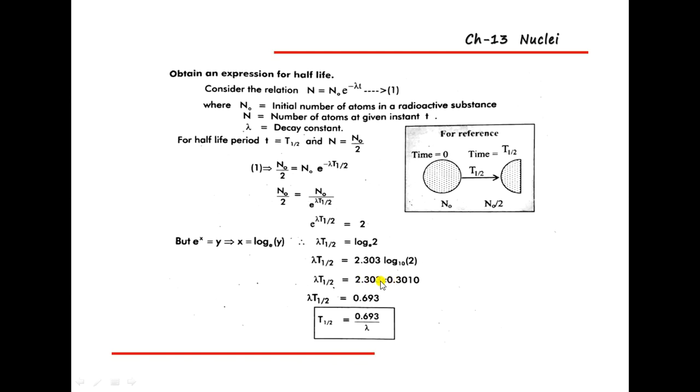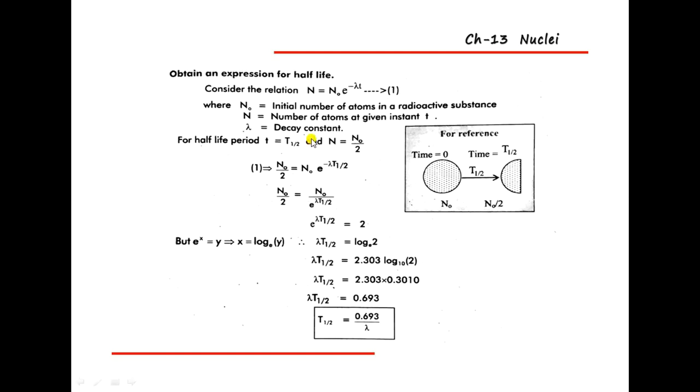By multiplying this you will get 0.693. So t half is equal to 0.693 divided by lambda. This is the expression for the half-life: t half is equal to 0.693 divided by lambda.